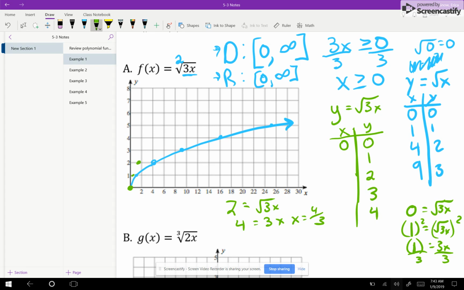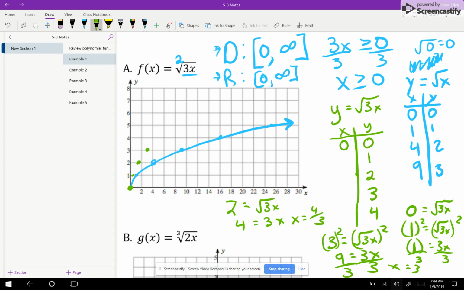So you'll notice this 3 is kind of stretching this graph. If I plug in 3 for y, then 3 squared is 9. And then we divide by 3. So x then is 3. So we get 3, 3.